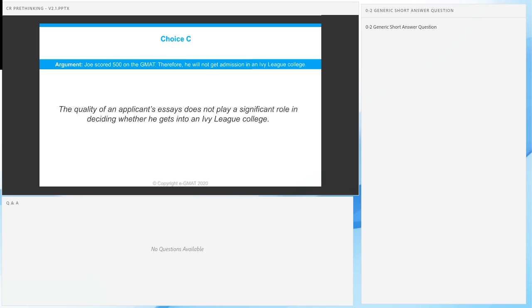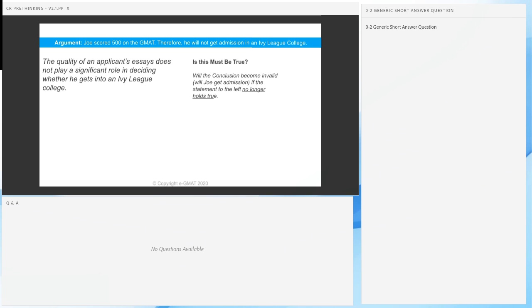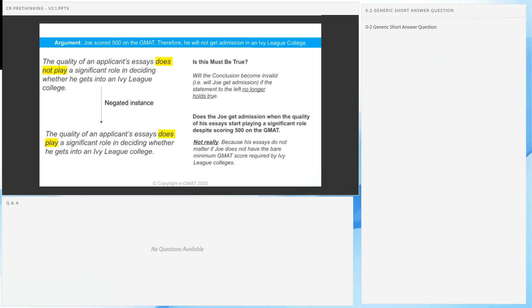A challenging answer choice: the quality of an applicant's essays does not play a significant role in deciding whether he gets into an Ivy League college. And we're going to ask ourselves, is this a must-be-true statement? The same process: will my conclusion break down if this statement is no longer true? So if this statement is no longer true, then its negated instance becomes true, which means that the quality of an applicant's essay does play a significant role in deciding whether he gets in.